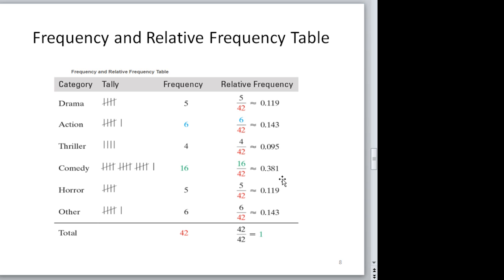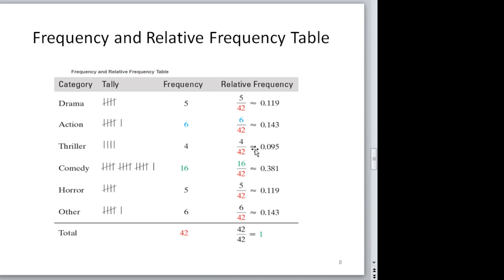And so forth. So what the relative frequency table really does is just convert frequency into a percent, which is the relative frequency.